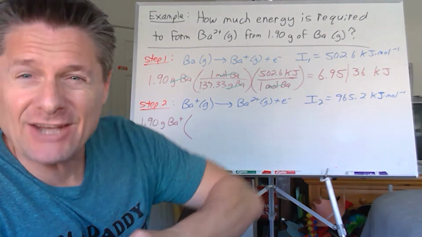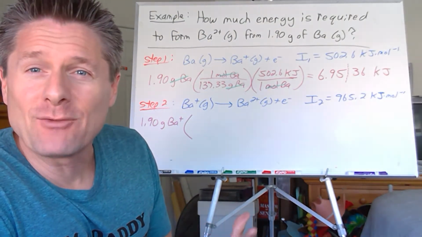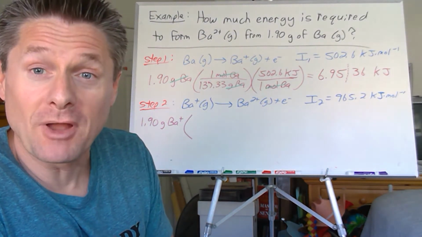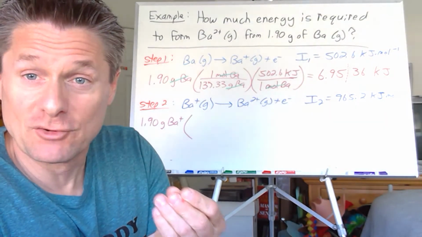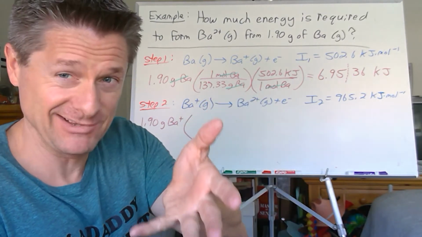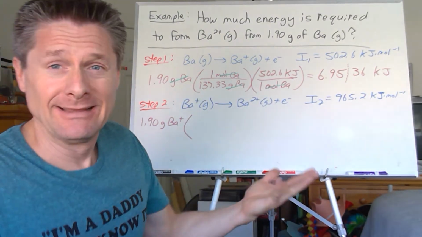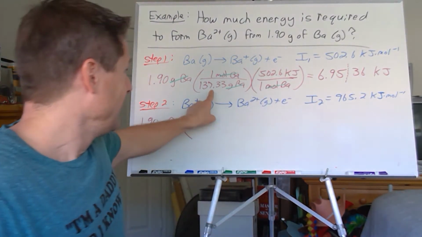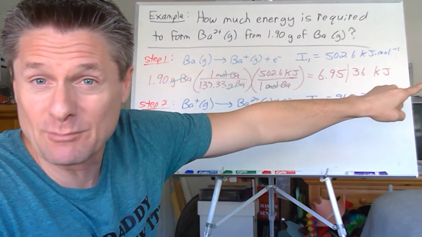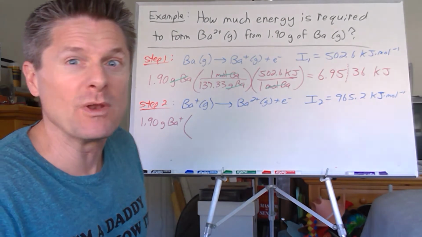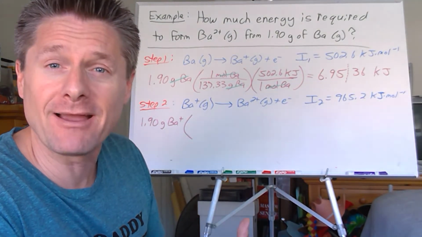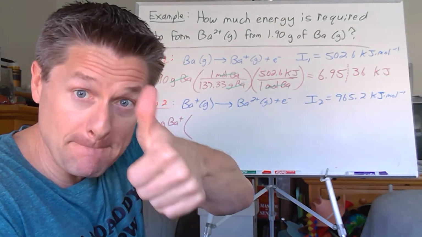Remember, an electron is about 1,800 times lighter than a proton or a neutron, so almost all the mass is protons and neutrons. We're not losing protons or neutrons, only an electron. Guess what? The mass is not going to change. It's still 137.33. You'd have to go out to so many decimal places to notice the loss of that electron. It would be irrelevant. So we assume the mass of an ion, cation or anion, is the same as the neutral atom.